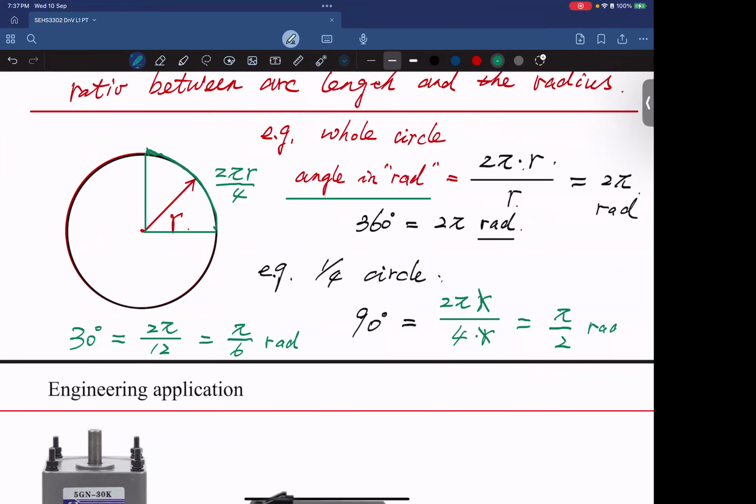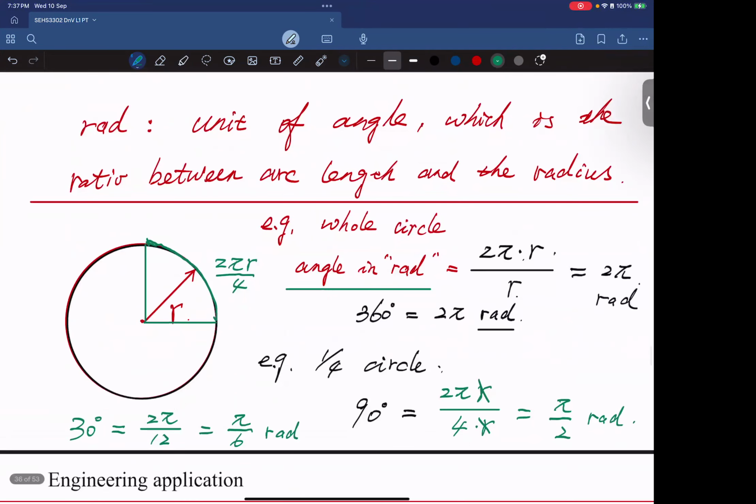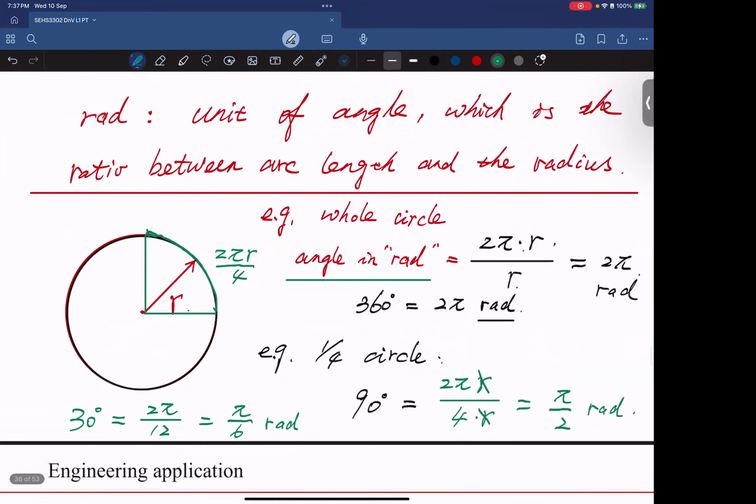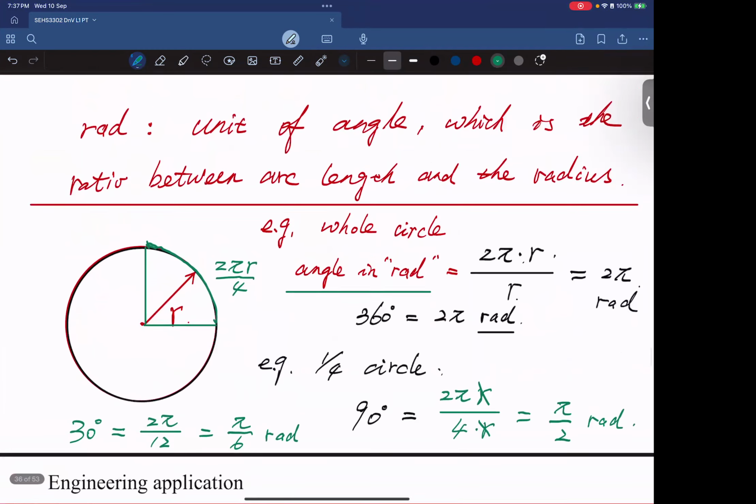Okay, so get familiar with this unit, and we can apply it later.